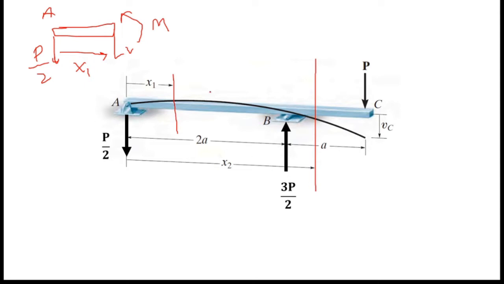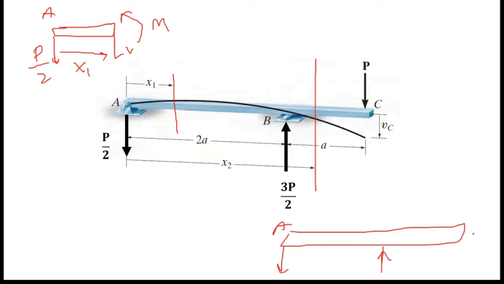Then I will consider this part alone, and this is A, and this is B, and this is the cut part, and this is the moment. The equation I obtain from this x1 part is valid for A to B, and the equation I obtain from this x2 part is valid for B to C.